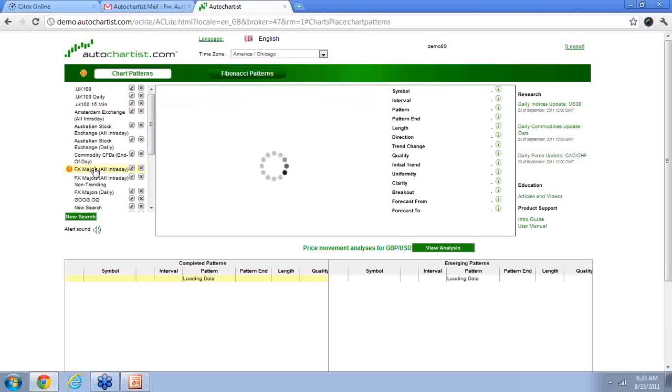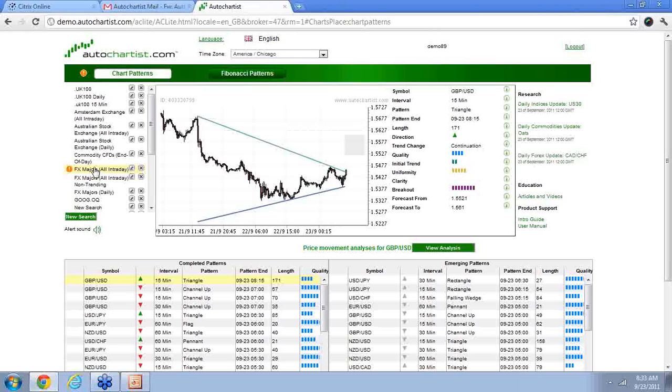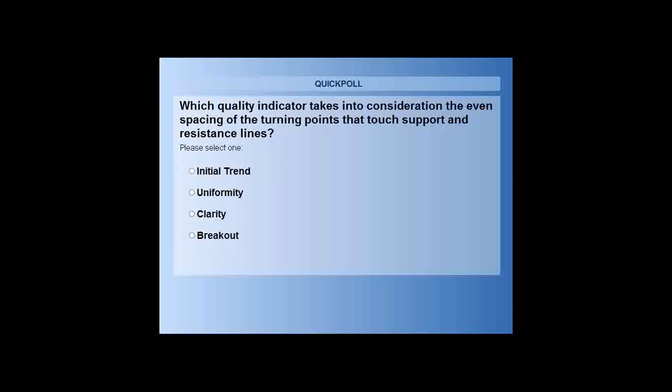Now, let's stop for a second and ask another question. Okay, and that would be question number 3. Which quality indicators take into consideration the even spacing of the turning points that touch support and resistance lines?